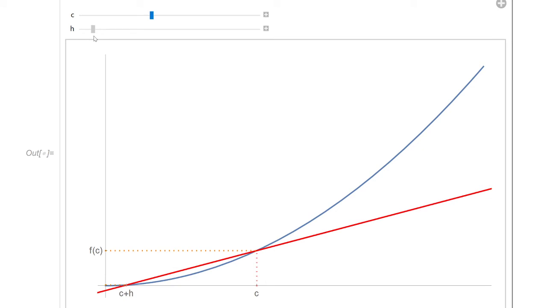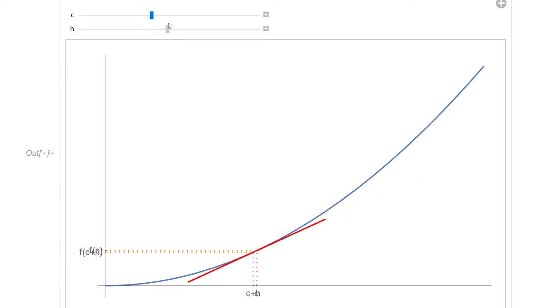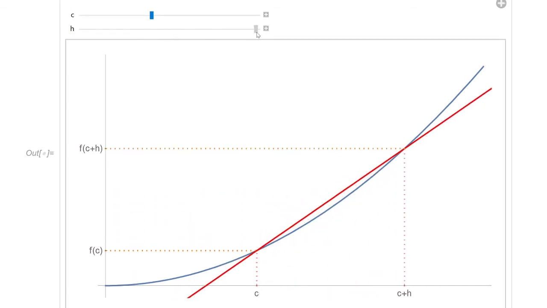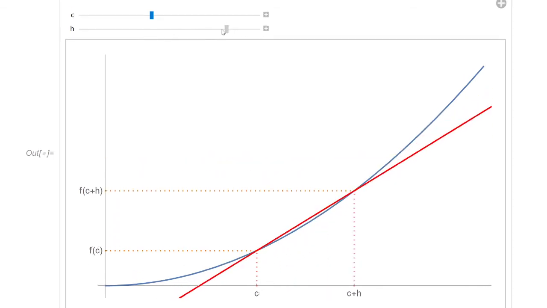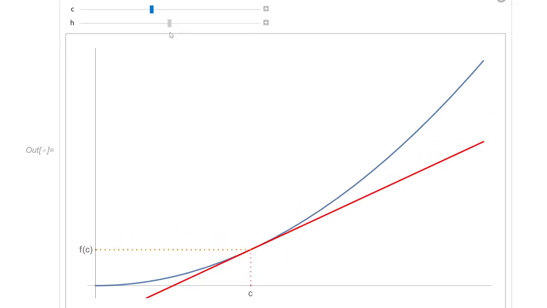We could start with c plus h being to the left, and we can move closer to c. But from both sides, we want to squeeze that in and eventually get to precisely this right here. This is just a limiting process. The slider I'm using is letting h approach 0. And when it actually hits 0, we get the tangent line here.